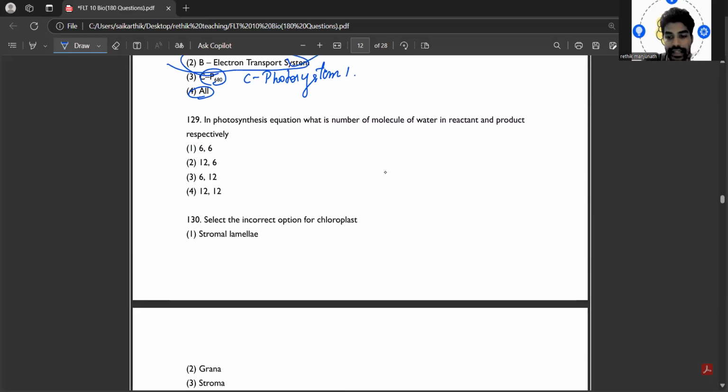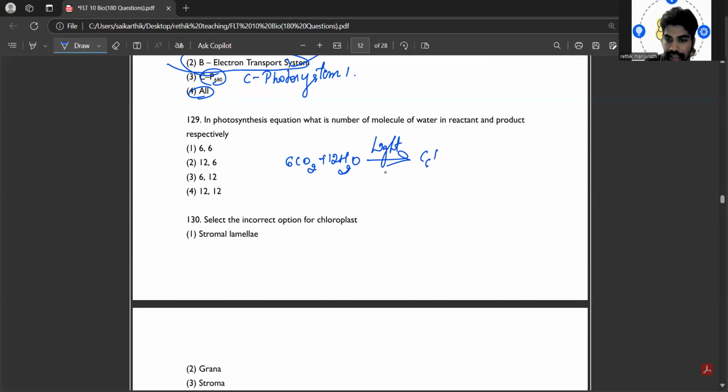So 129 says that in the photosynthesis equation, what is the number of molecules of water in the reactant and product respectively? Do you know the synthesis of that equation? CO2 plus H2O in presence of light, correct?